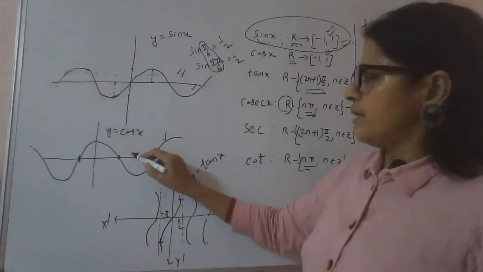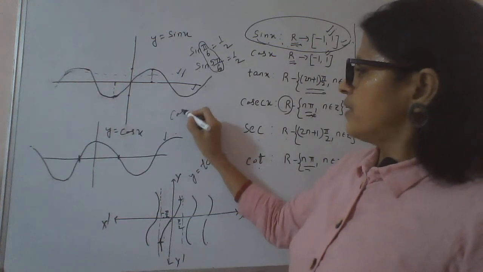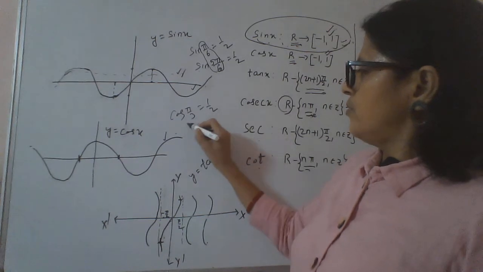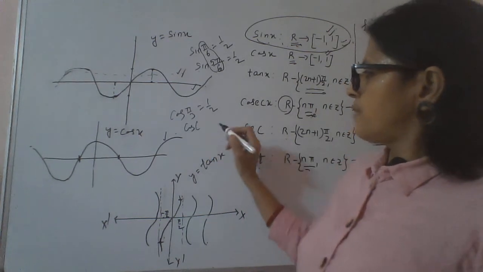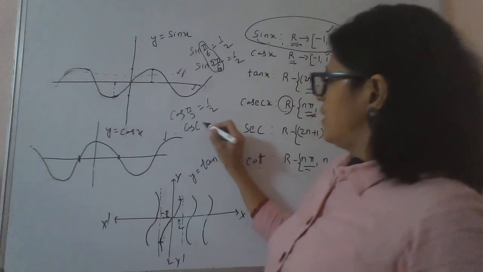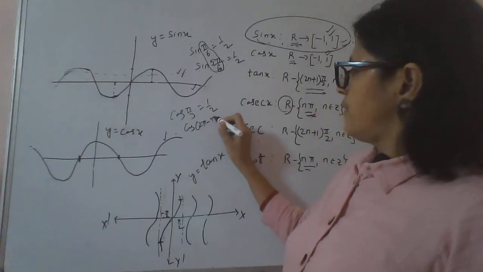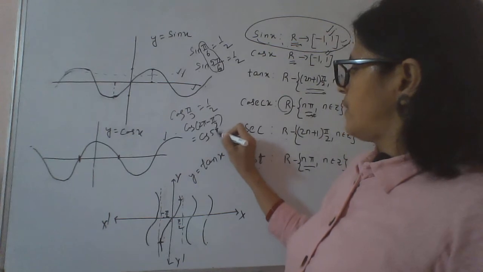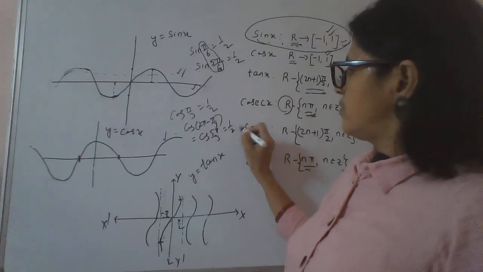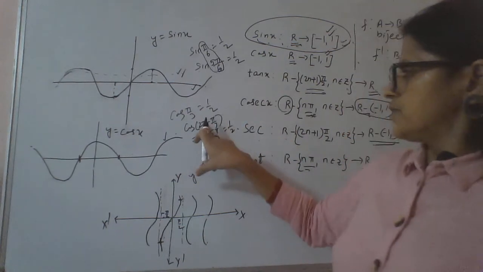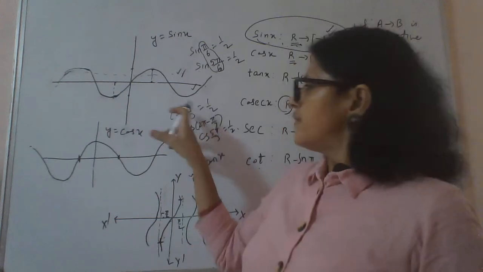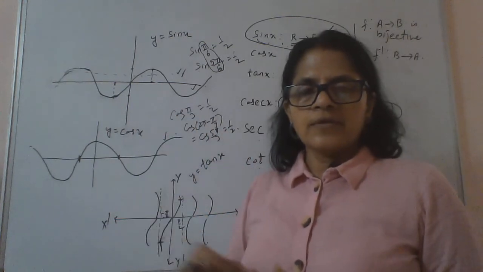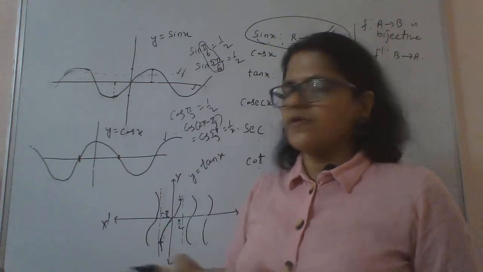Similarly, cos pi by 3 is 1 by 2, and cos of 2 pi minus pi by 3, that is cos 5 pi by 3, is also 1 by 2. This angle is in the fourth quadrant and the other is in the first quadrant; cosine has the same positive value in the first and fourth quadrants.